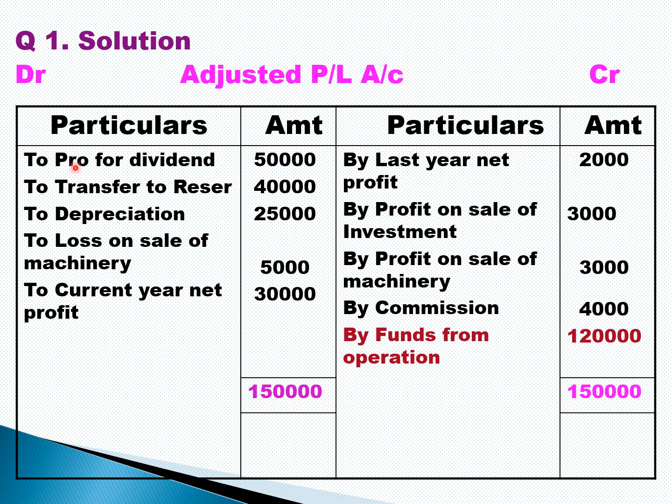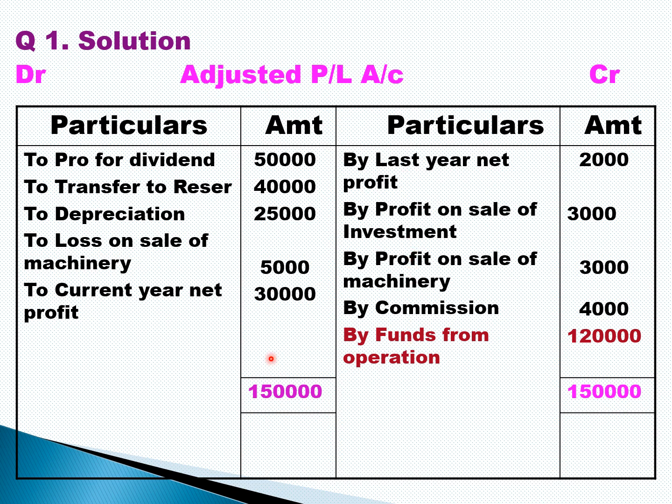Okay students, proposed dividend, transfer to reserve, depreciation, loss on sale of machinery and current year profits. In the credit side we get last year net profit, profit on sale of investment, profit on sale of furniture, commission. Expenses are recorded in the debit and incomes are recorded in the credit. So expenses are to be added, incomes are to be deducted.